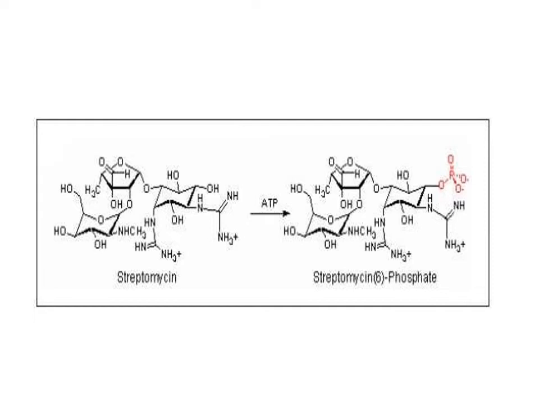That particular form, streptomycin phosphate, is unable to bind to the ribosome target, and therefore the enzyme that catalyzes that reaction will confer resistance to streptomycin on any cell that carries it and expresses it.